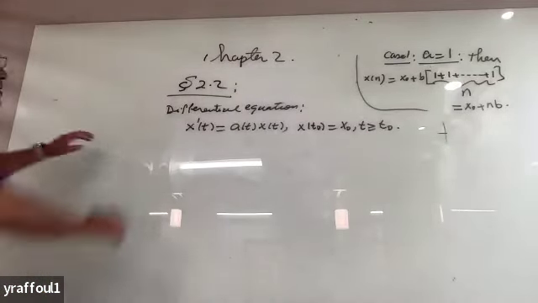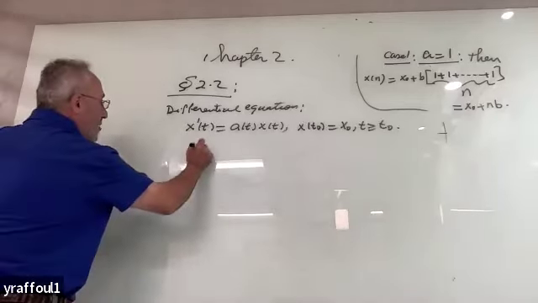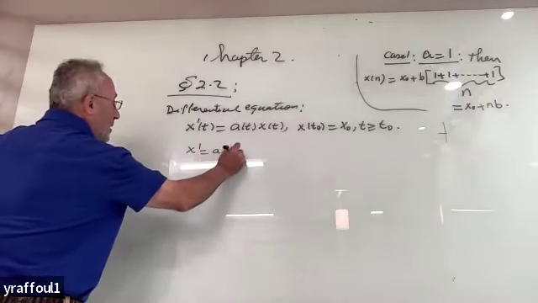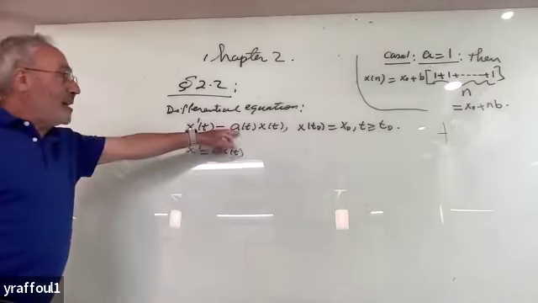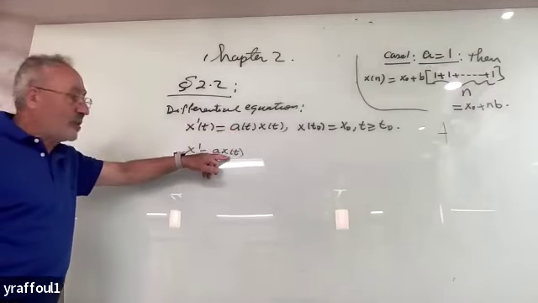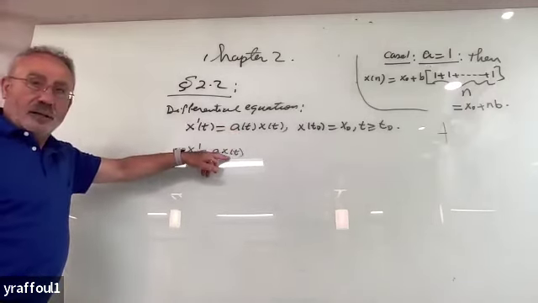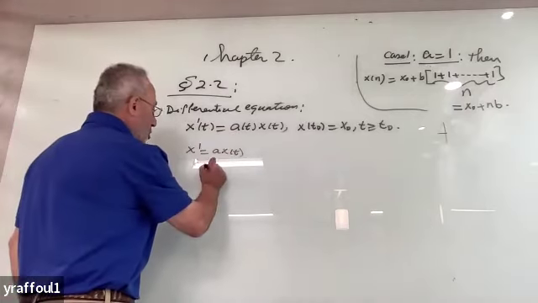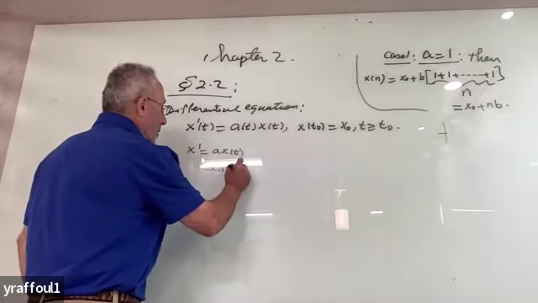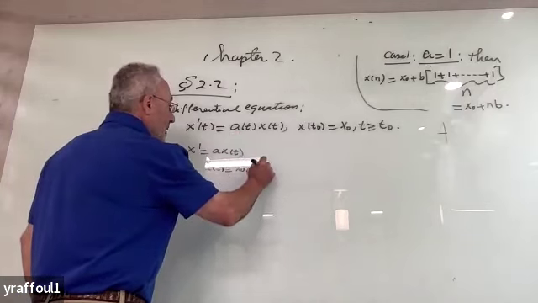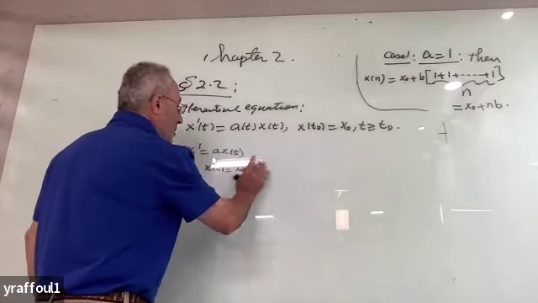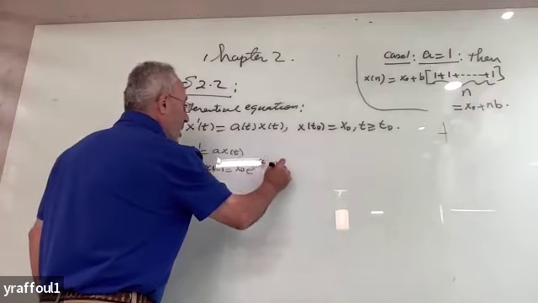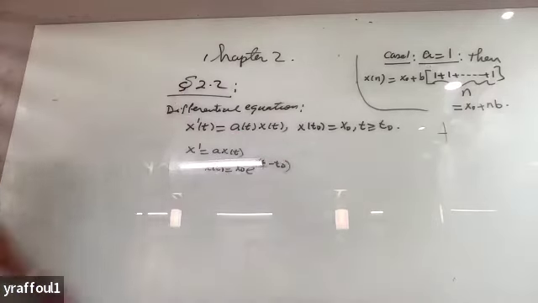Now you see, before we took x prime equals a x of t. So now a depends on time. It's not a constant. Remember, that one has a solution x0 e to the a(t minus t0). Well, what about this one?